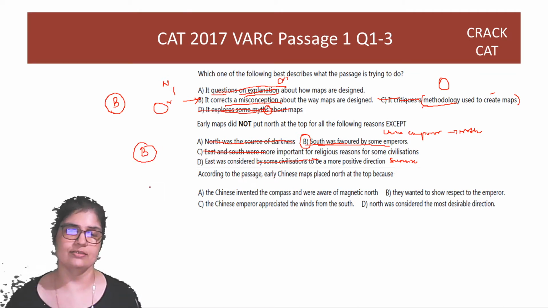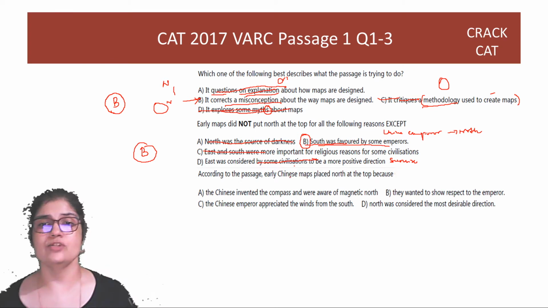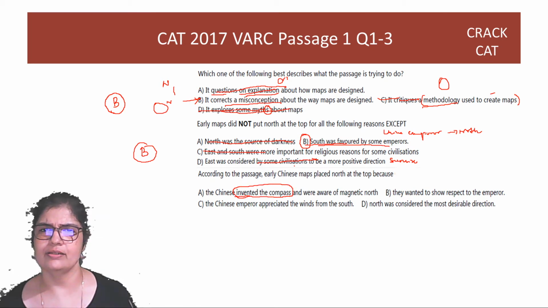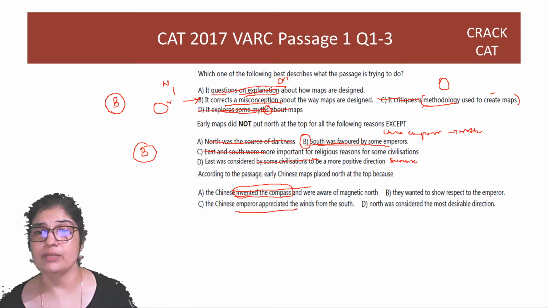So that's your answer. According to the passage, early Chinese maps placed north at the top because the Chinese invented the compass. ये तो कुछ बताया नहीं है कि they invented the compass. Wrong. Chinese emperor appreciated the winds from the south. That is true, but that's not the main reason. The Chinese emperor wanted to face the south, and people had to look up to the emperor.